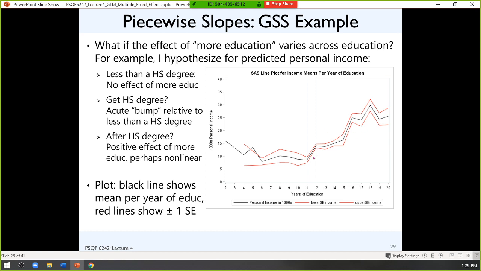More is better. So this idea that there's a different effect of education before you graduate high school, when you graduate high school, and after graduating high school lends itself to a model that has three predictors to capture the slope for education in those three different regions.